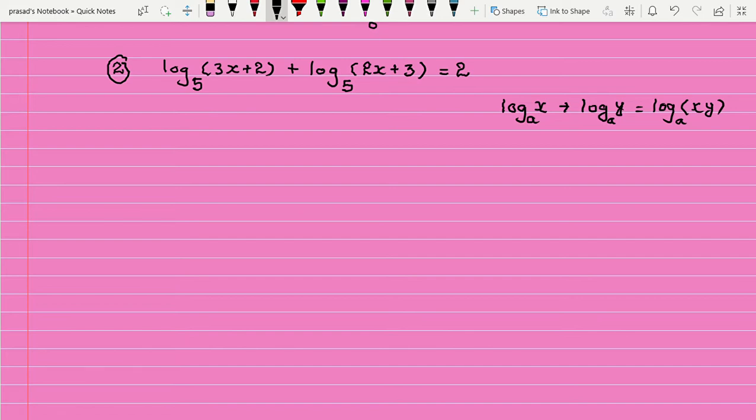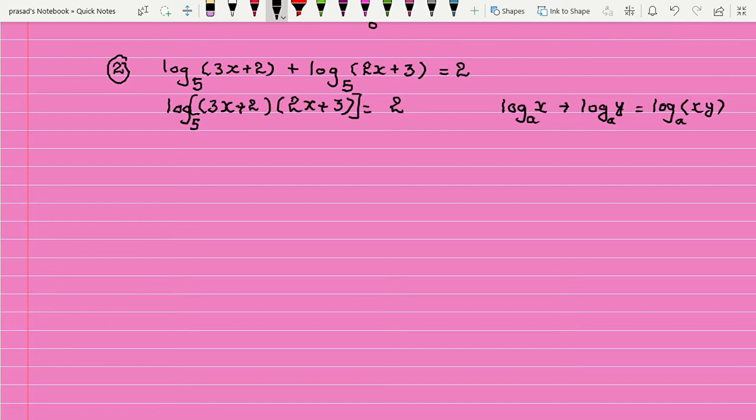So apply it here: log of 3x plus 2 and 2x plus 3 will get multiplied to base 5 is equal to 2. Can keep a bracket here, that will be better.